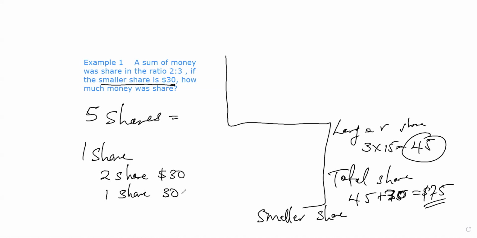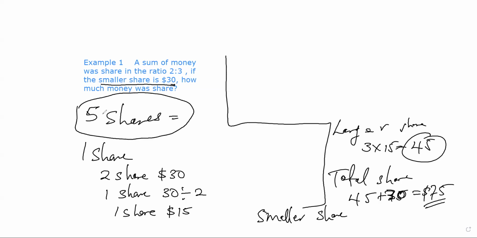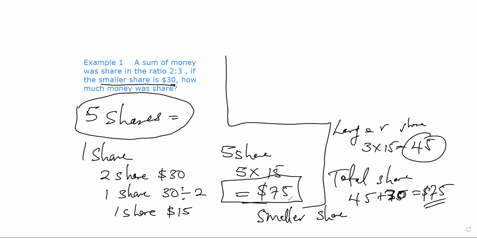So 30 divided by 2 is equal to 15. Now, because I know that one share is 15 and I want to find out for 5 shares, I will just go straight ahead and multiply 5 times the 15, which gets the same 75. But as usual, guys, you decide which you prefer. It's not gonna say do it this way or do it that way. Whichever you prefer, you can do it. Please make a note of it, guys.